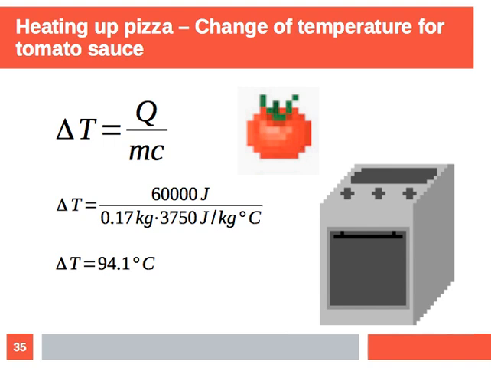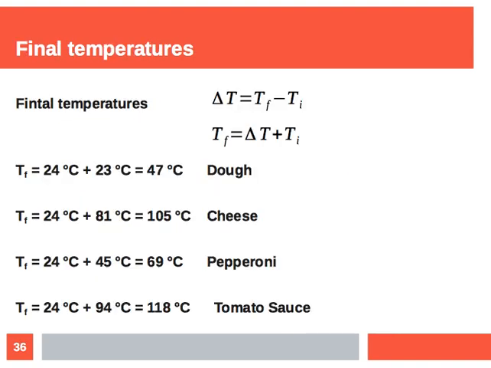That's going to be the amount of change in temperature for the tomato sauce. Now the question that they are asking us is, what is the final temperature of our pizza, of each ingredient?